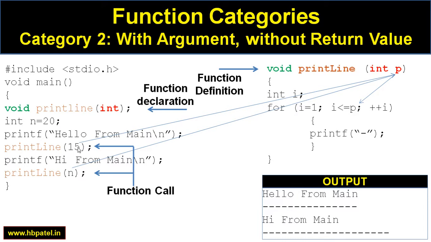If I send 15, I'll get 15 hyphens. If I send 20, I'll get 20 hyphens. If I send 100, then I'll get 100 hyphens. So with the input value, we are controlling the function. This is my second category, function with argument but without a return value.